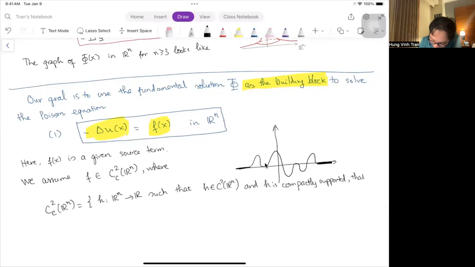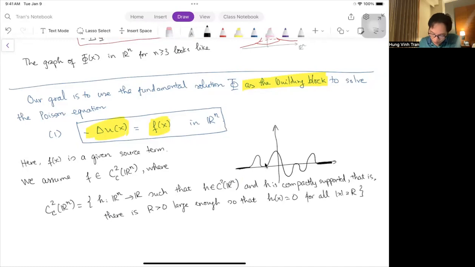That is, there is a radius r greater than 0 large enough so that h of x is equal to 0 for all |x| greater than or equal to r.